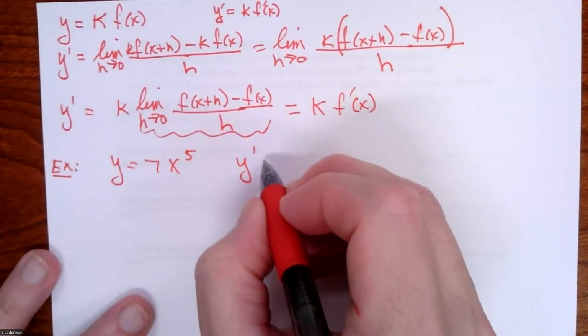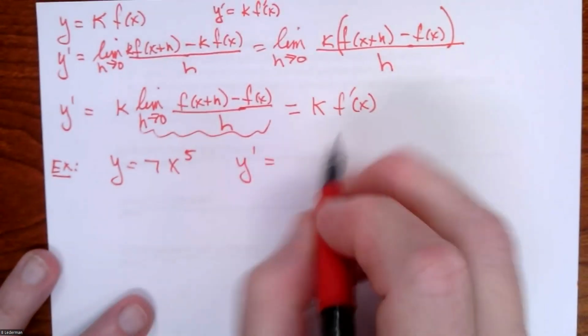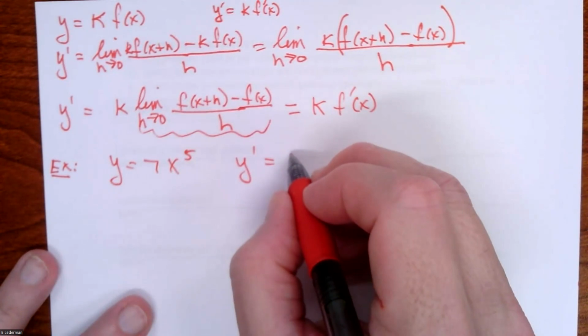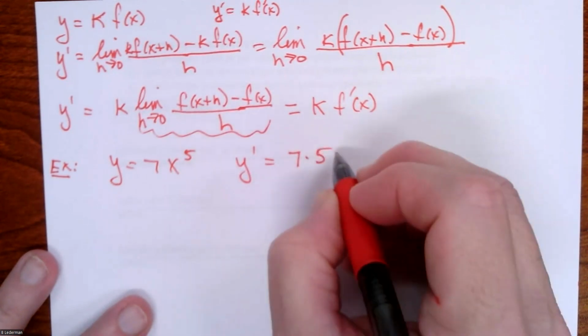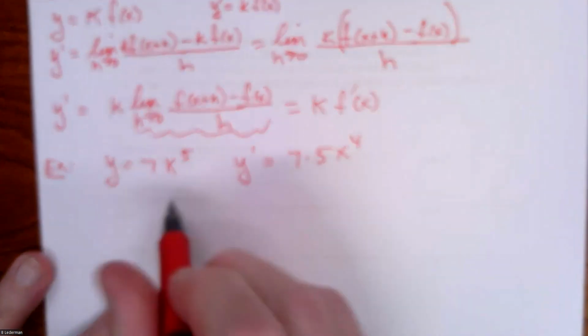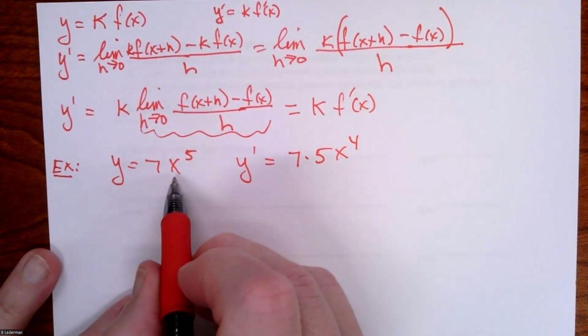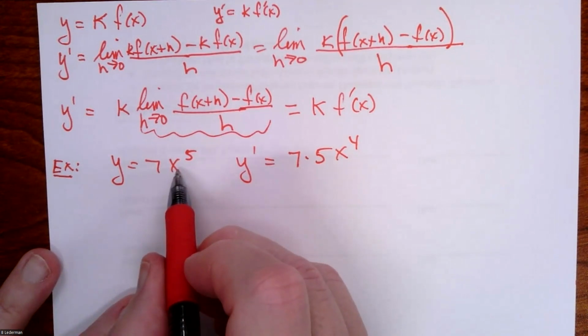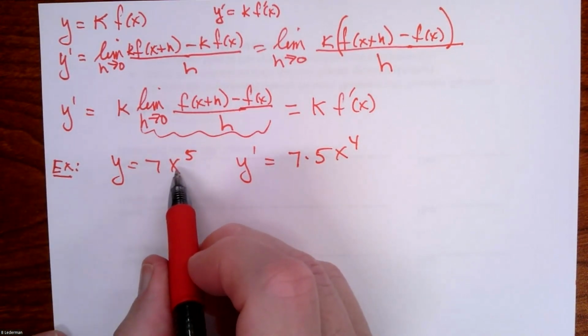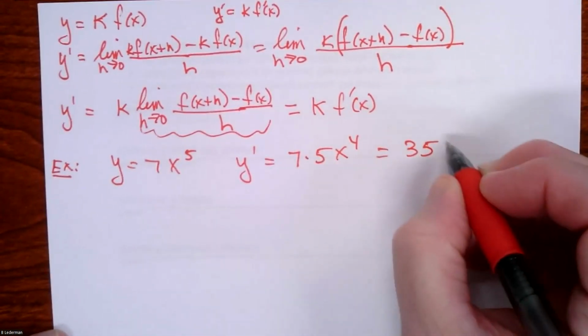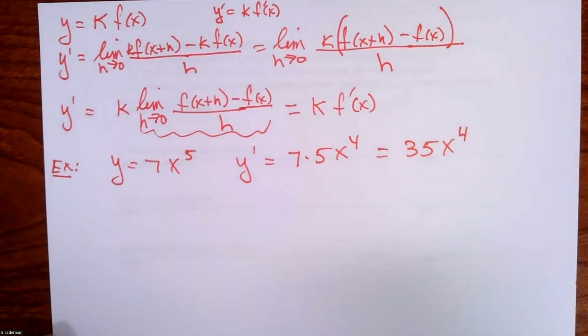Well, y prime is just going to be 7 times 5x to the 4th, because it's just that constant k, 7, times the derivative, f prime. F prime is 5x to the 4th, and this just becomes 35x to the 4th. Very simple. It all works out very nicely.